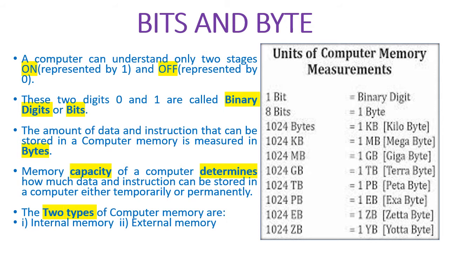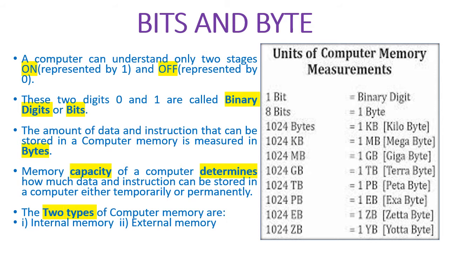1 bit, we call it a binary digit. It can be either 0 or 1. A combination of 8 bits, that means a combination of zeros and ones in an 8-bit combination, we call a byte.